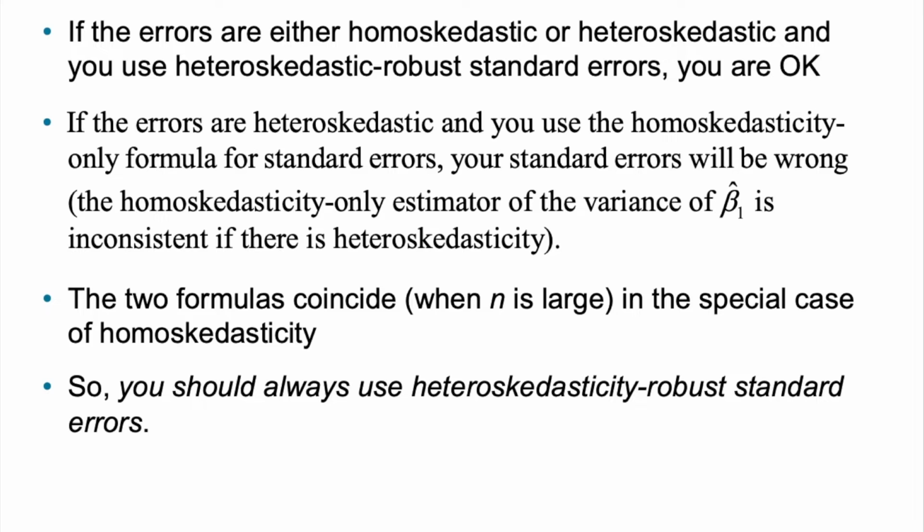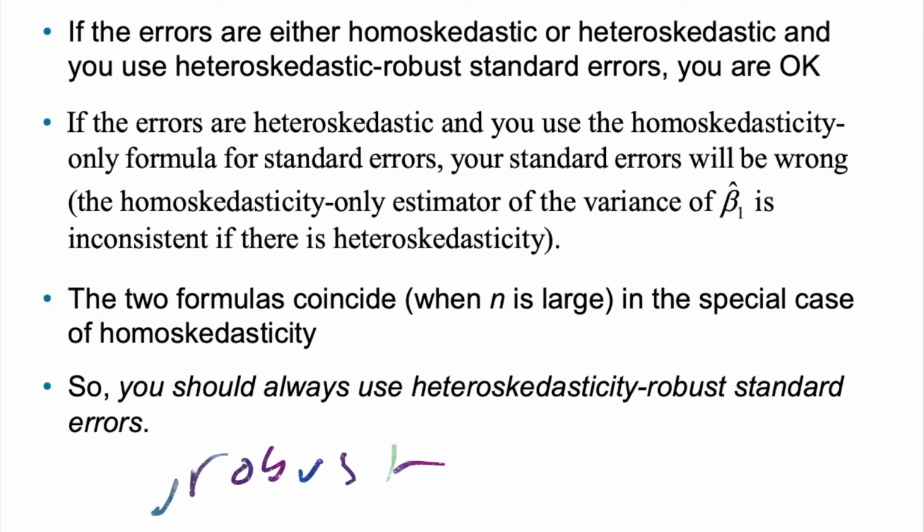That is, we are exposing ourselves to rejecting the null hypothesis when the null hypothesis is true, right? Because our standard errors will be too small. They will be incorrect. So that is not good. We want to make good inference, and so we should use heteroscedastic robust standard errors. It's quite easy for us because we're using Stata, right? Comma robust after your regression.